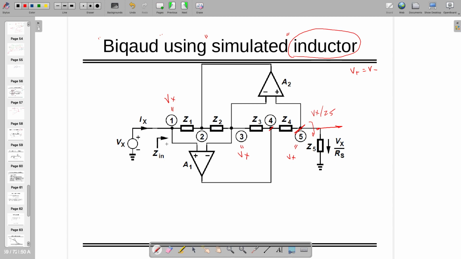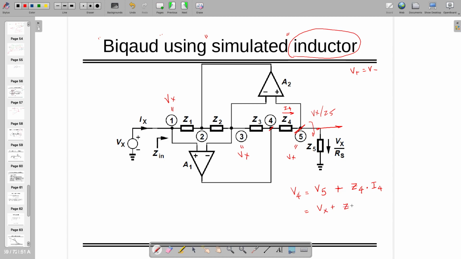So you try. V4 is equal to V5 plus Z4 times I. Let's call this one I4. What is I4, by the way?